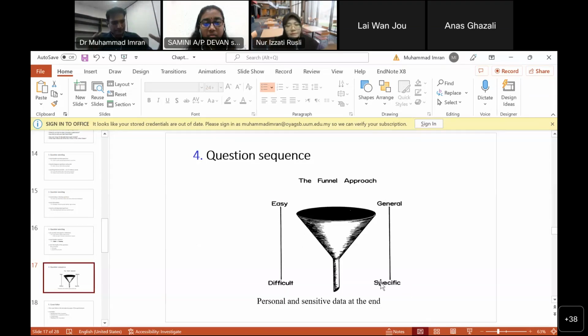Another one is general to specific. General means easy, and more specific means more difficult. Suppose I ask, "Sir, how old are you?" That is also a simple question. Maybe I ask a girl, "How old are you?" She might give me an answer. Farisa, how old are you? She's driving, right?